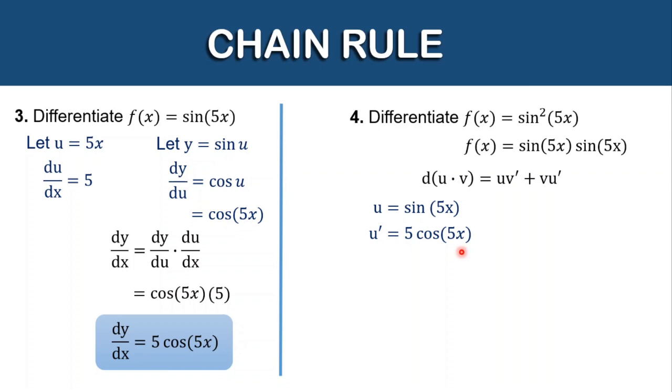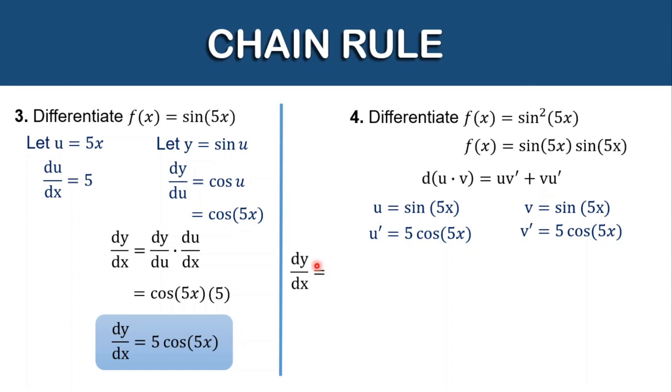Next is v. Ang v natin also sine 5x. And v prime is 5 cosine 5x. And after having these 4 values, isa-substitute natin sila dito sa ating formula.